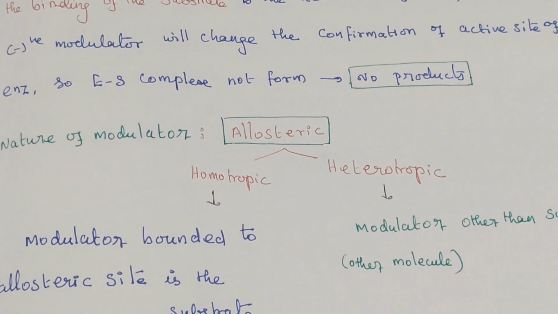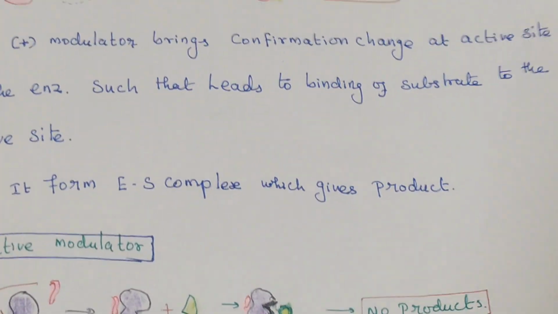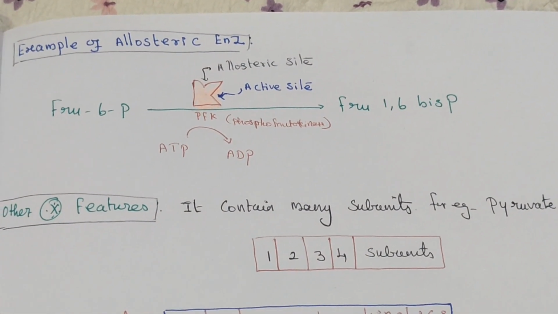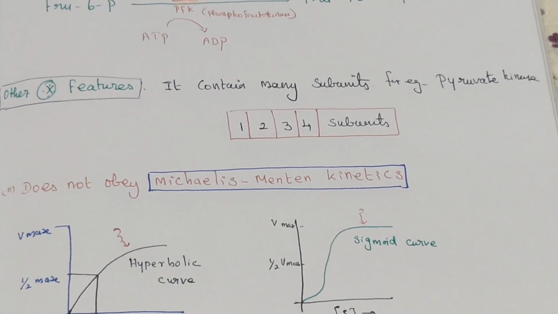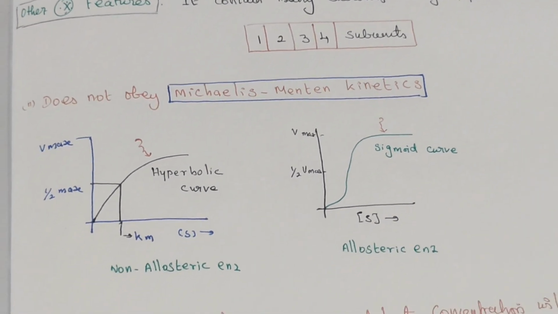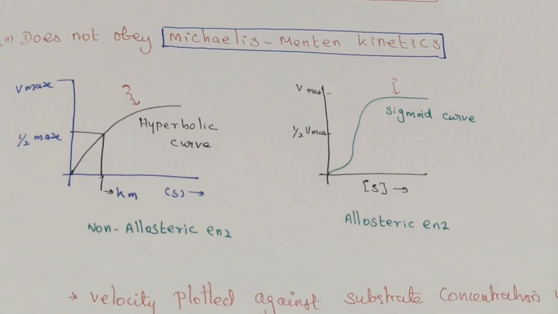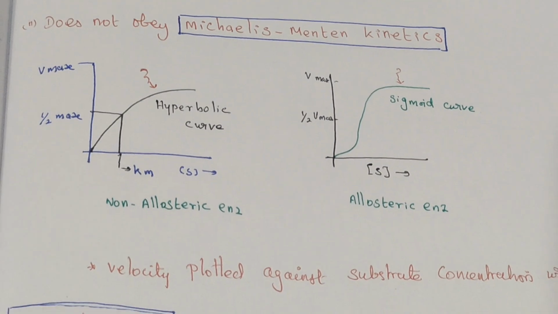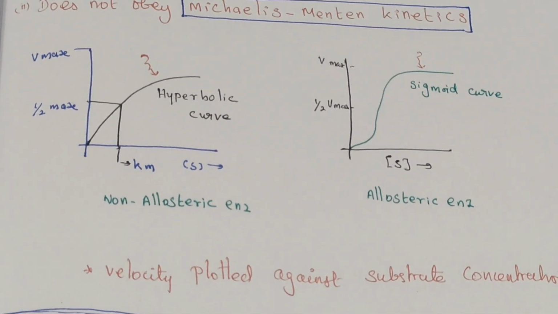Based on the nature of the modulator, homotropic and heterotropic. Then examples: phosphofructokinase, which has an allosteric site as well as an active site. Important features: it has 4 subunits, for example pyruvate kinase. It does not obey Michaelis Menten kinetics. It produces a sigmoid curve, while the normal one is hyperbolic.